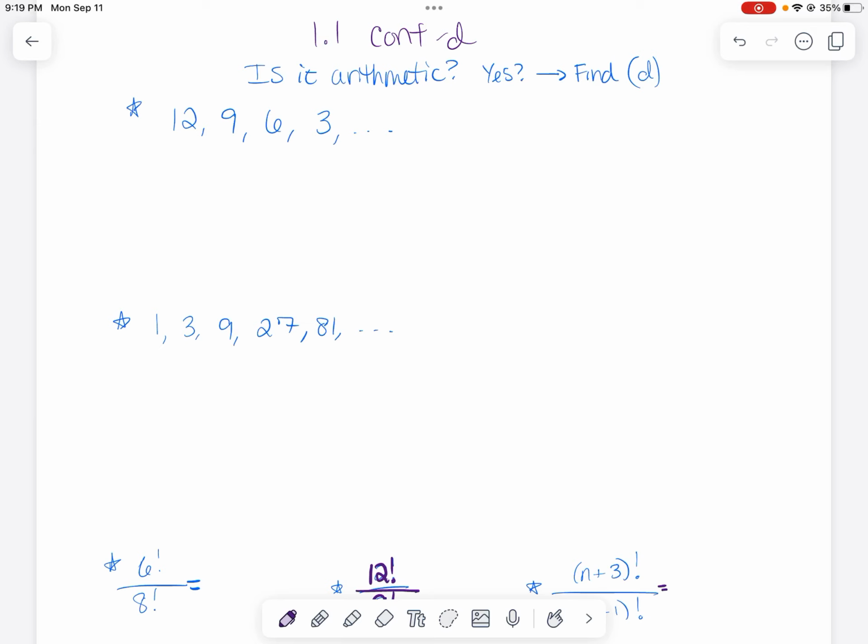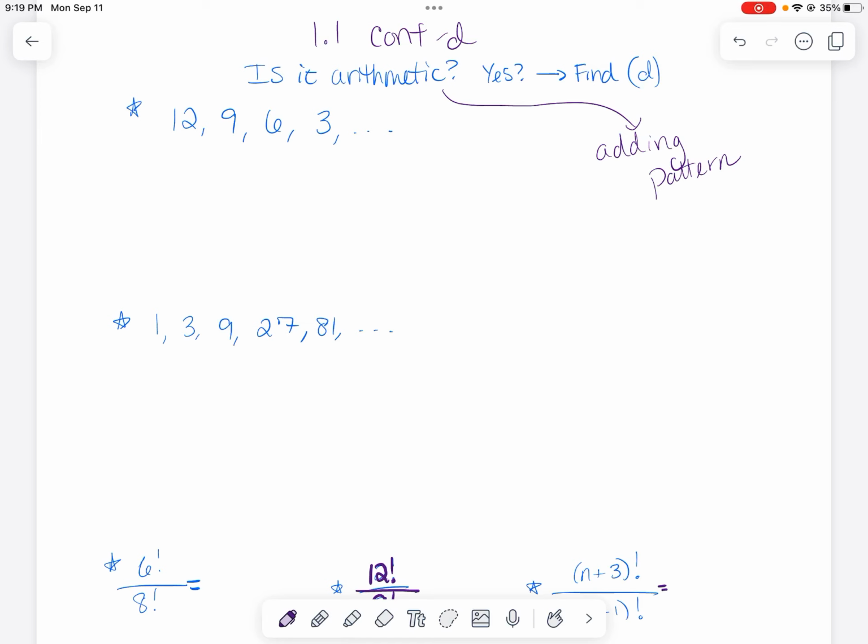If you remember from the other day, we talked about what an arithmetic sequence is: any sequence that had an adding pattern. We want to start to analyze these to help us create some equations of these functions eventually. And today the only goal is to figure out, is it arithmetic?